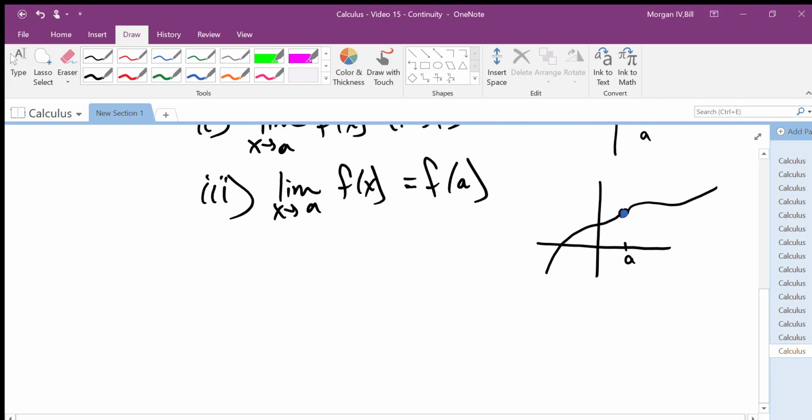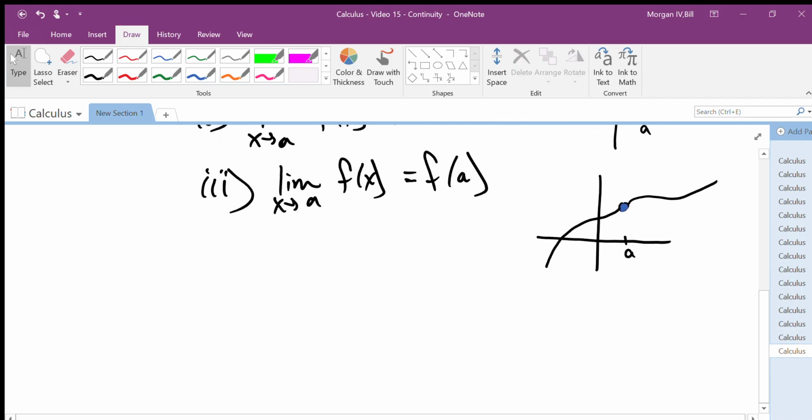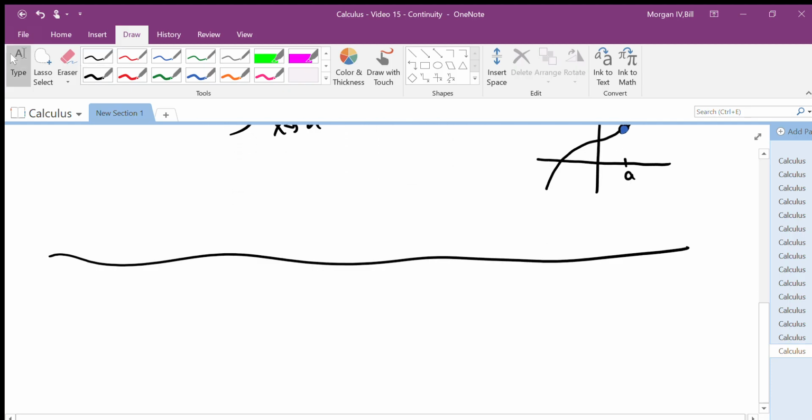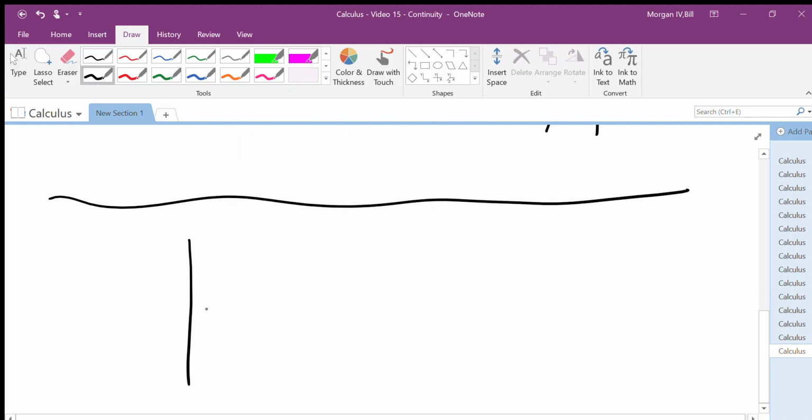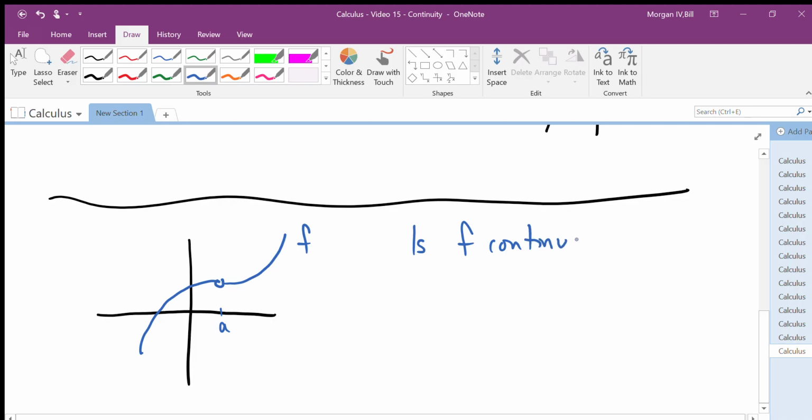What I like to do here is draw a few pictures of what might not be continuous at A. For example, if I just give you this curve, and I ask you, is f continuous at A?